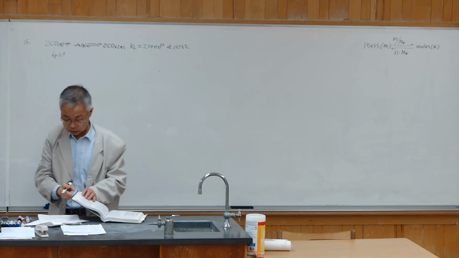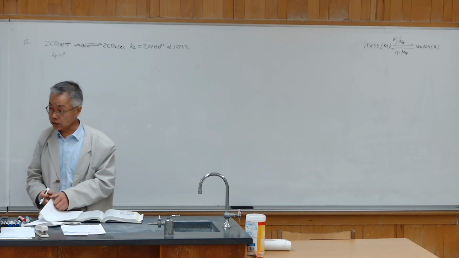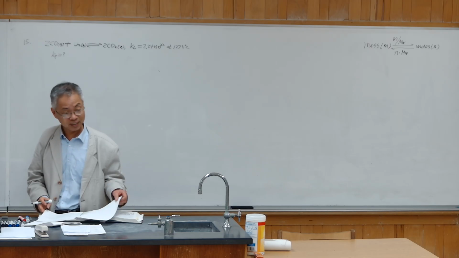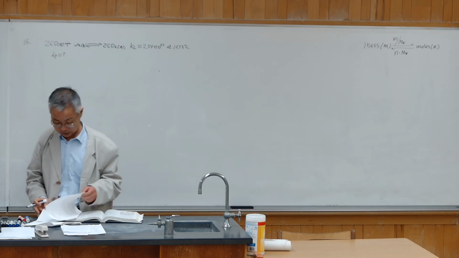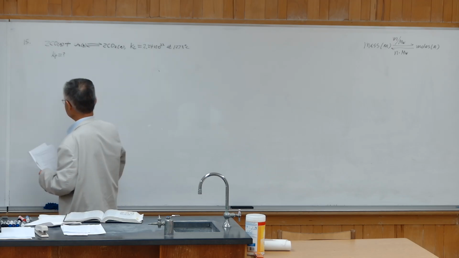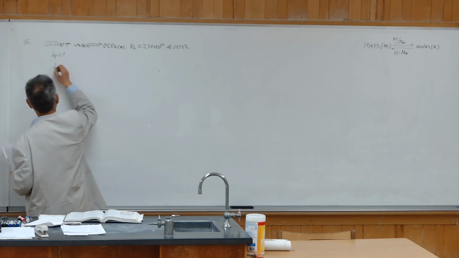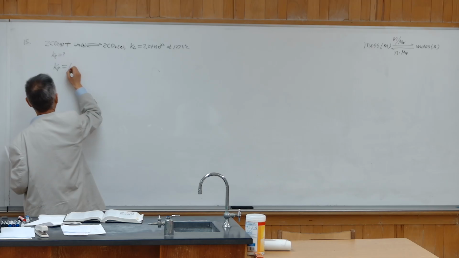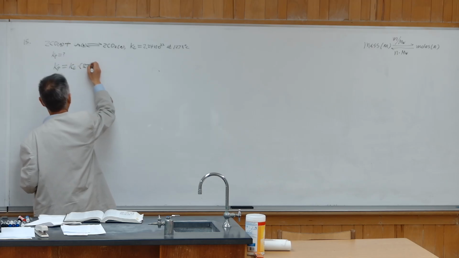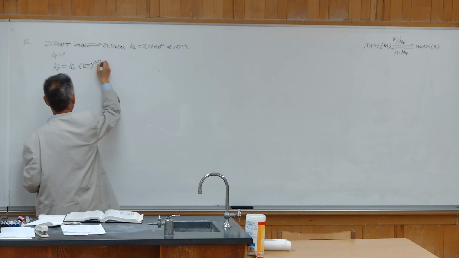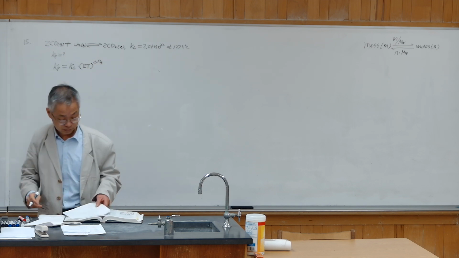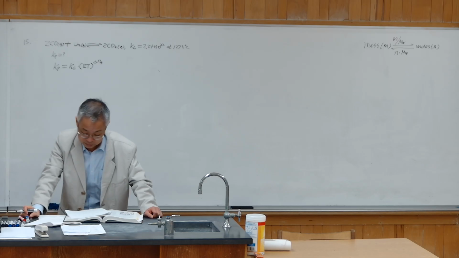This actually asks you the relationship between Kp and Kc. The relationship between Kp and Kc, do you remember? The formula is Kp equals Kc times RT raised to delta n's power, delta n of gas. Right?